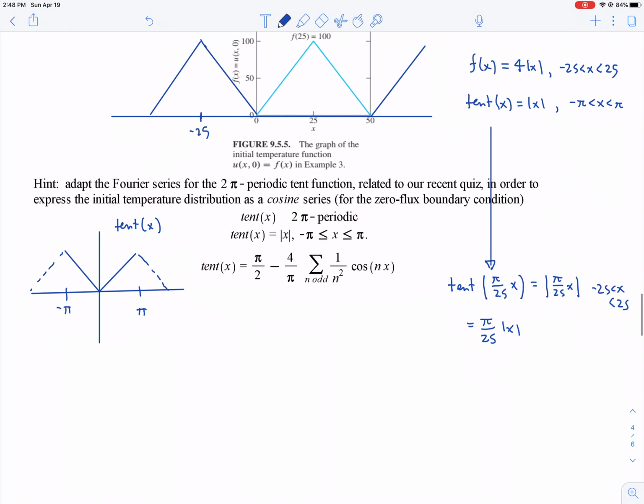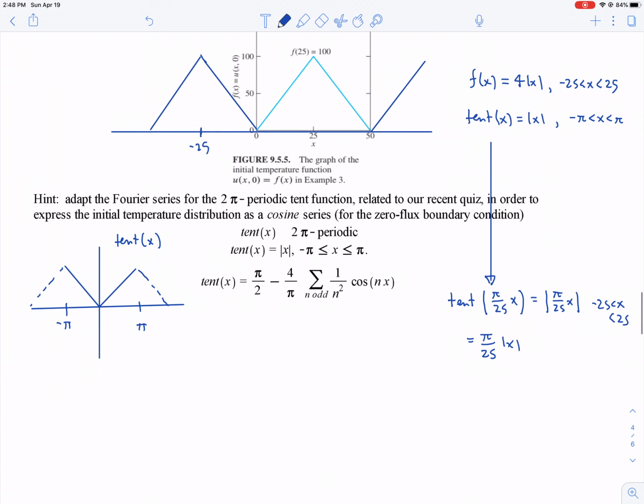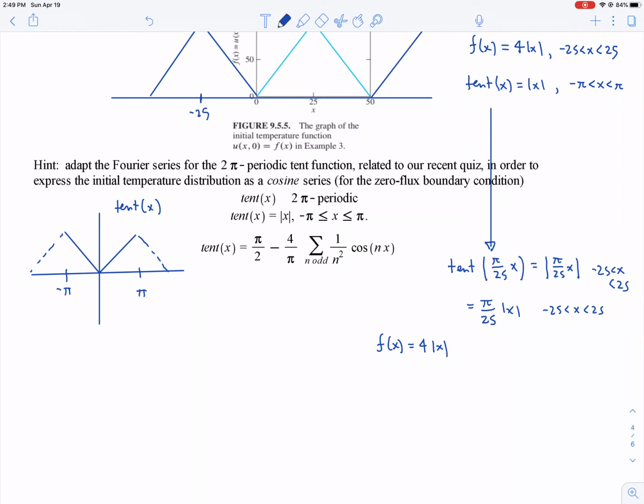Okay, so what we wanted was f of x, which was 4 times the absolute value of x.